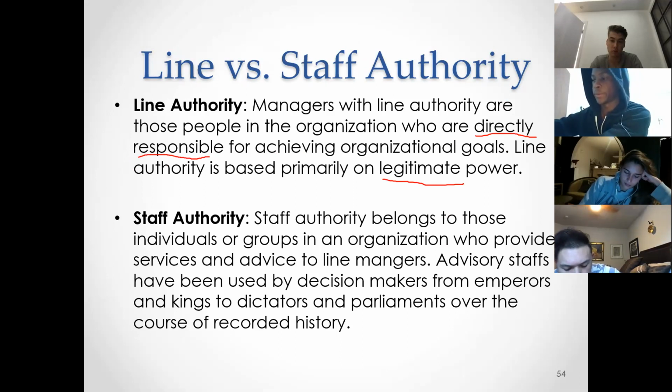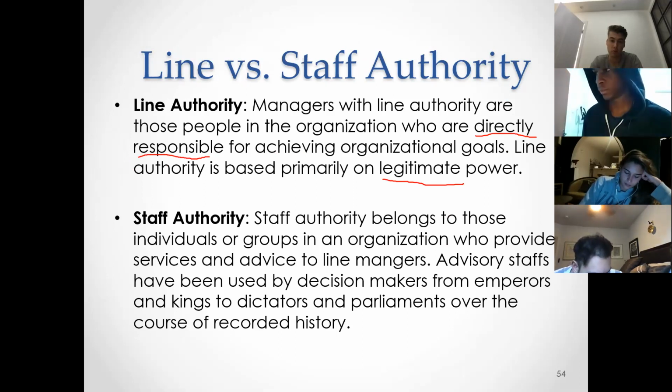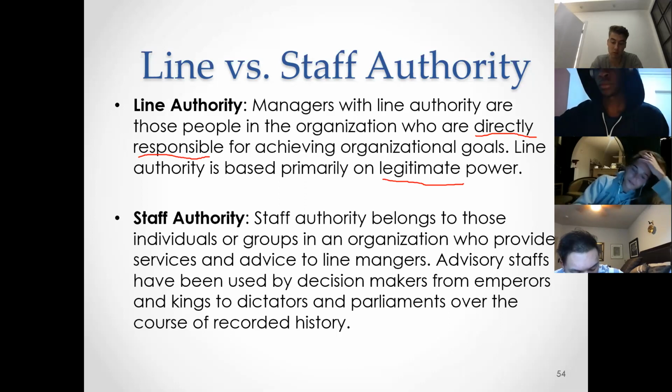You can just advise. Advisory staff has been used throughout the history of time. Emperors and kings, dictators, parliaments, they all have advisors. And so in HR, we need to understand we really stand in the middle of line and staff authority. We can tell some people what to do, but we are advisors of the company.